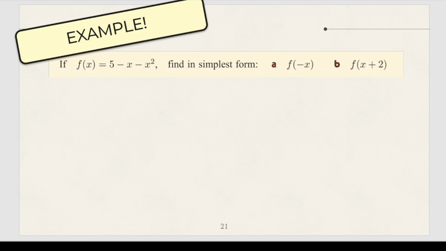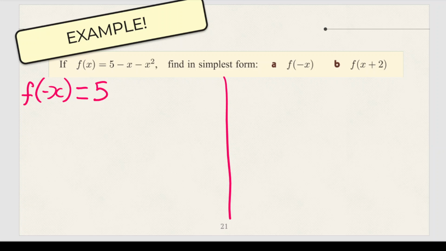Just going to look at one more example, and this is more of an algebraic way that we're looking at it. So what we want to do first is see what is f of negative x. So f of negative x, once again, we are just replacing the x's with whatever is in these brackets here.